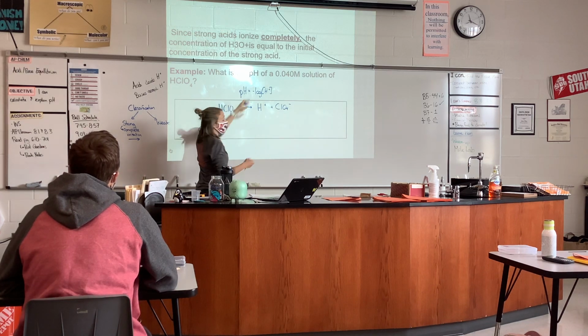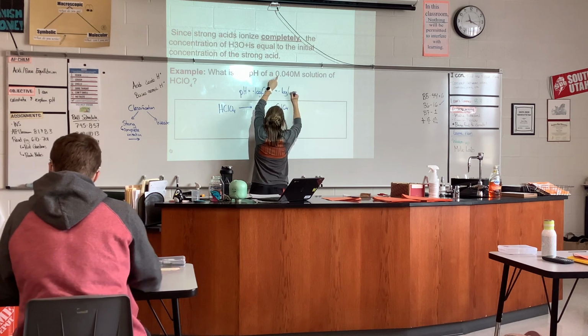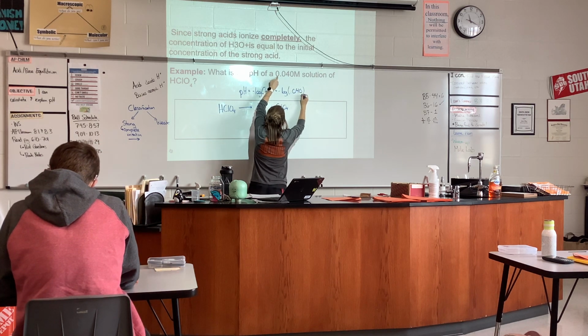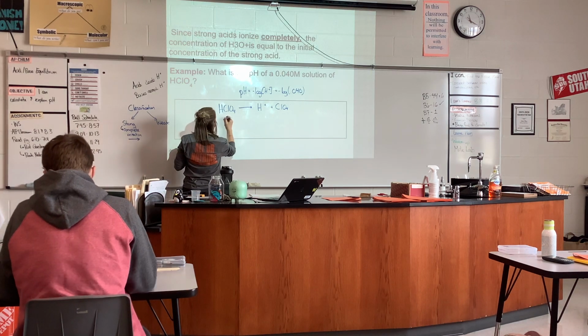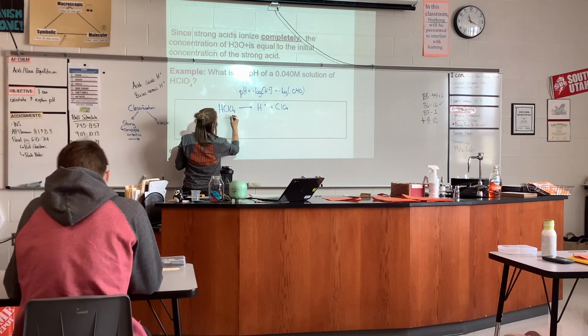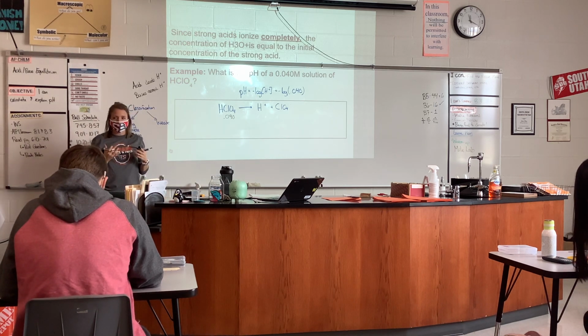So, to find the pH, I'm just going to take the negative log of 0.04, because of the amount of this. I'm going to write up a rice chart just to show you how it's working.